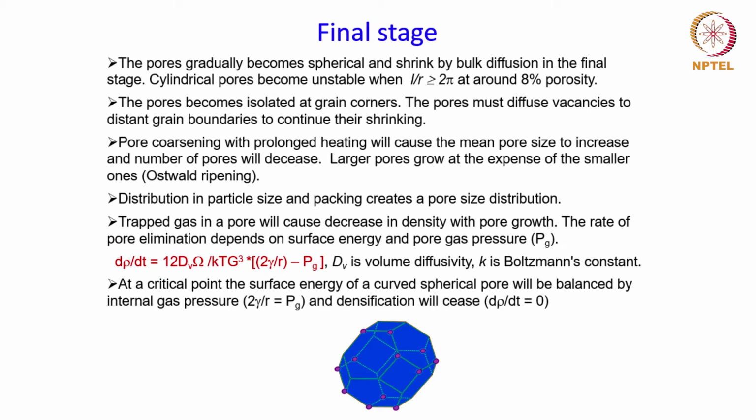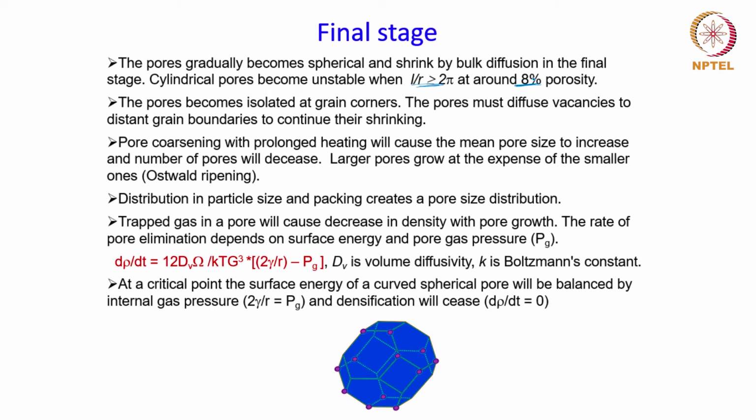Okay, so when that particular ratio reaches this kind of size, the cylindrical pores become unstable and they will break down. And for a geometry where the pores are lying at the edges of the grains, this corresponds to a porosity of about 8%. Okay, when the cylindrical pores lie along the edges of the grains.